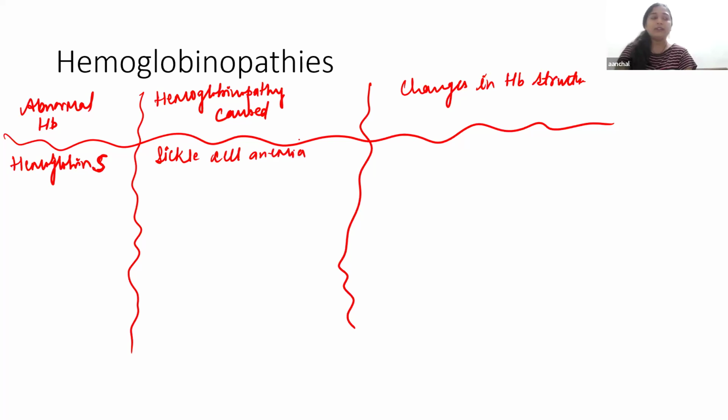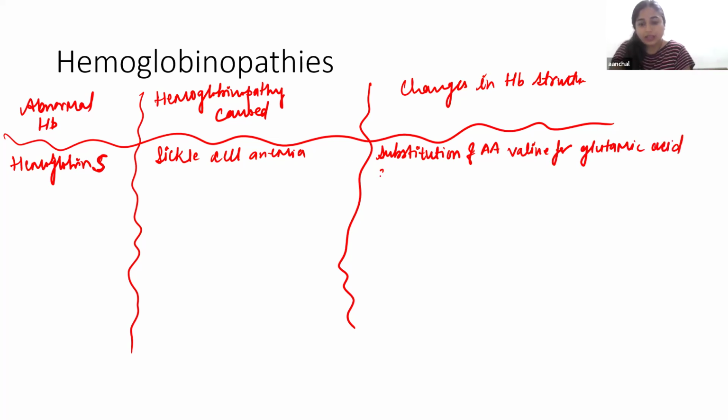In normal hemoglobin the chains are alpha and beta, but here there is a substitution of the amino acid valine for glutamic acid at the 6th position of the beta chain. Fine.